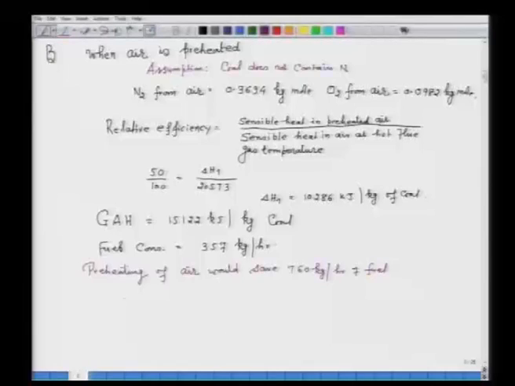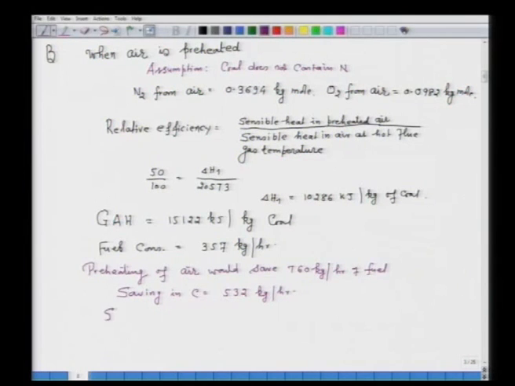So, we can say now the saving in carbon, this is fuel. So, saving in carbon will be equal to 532 kilogram per hour, because 70% is the carbon.